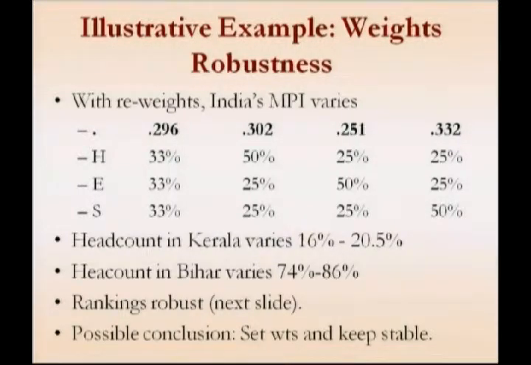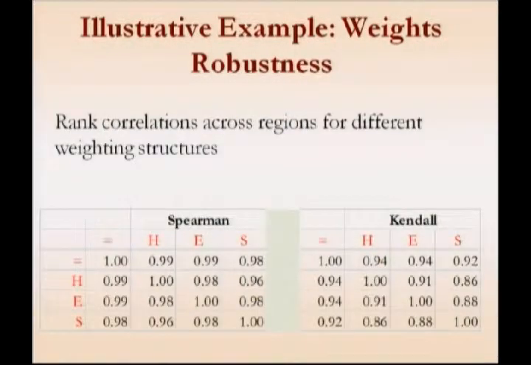But again, the question is whether the ranking of the states is robust. And again, we find that even with quite a significant rearrangement of the weights, the correlations between the Indian states are quite high, about above 0.96 using Spearman, above 0.85 using Kendall.